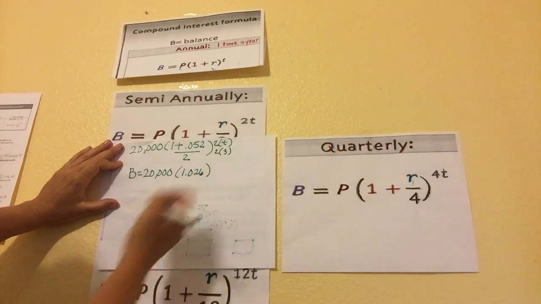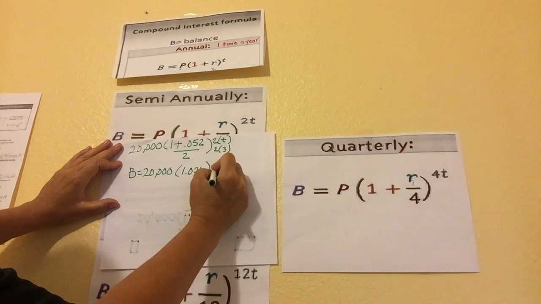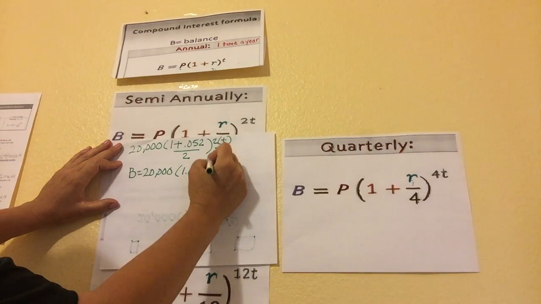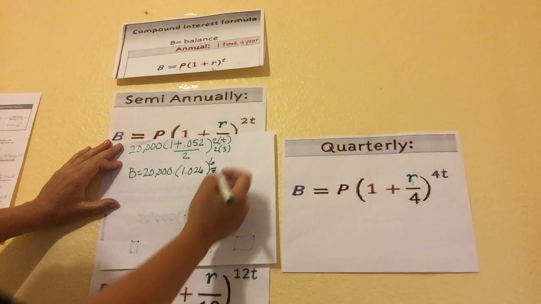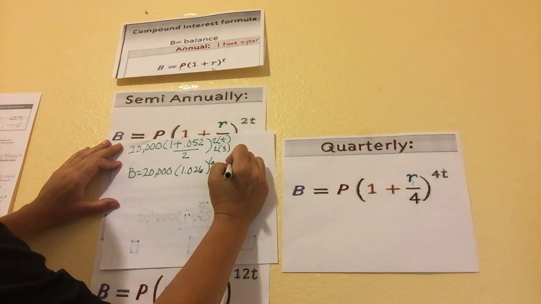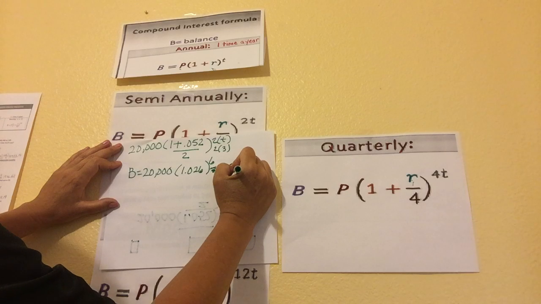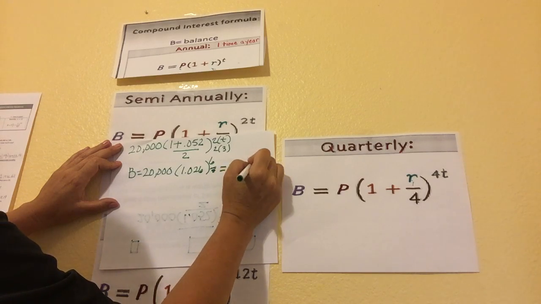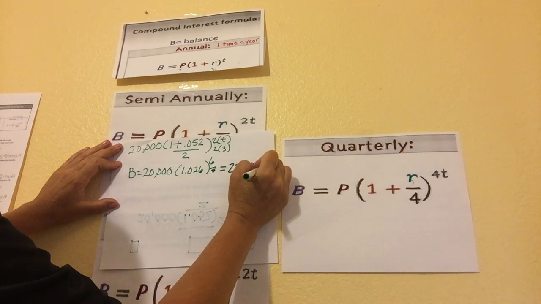So this is 2 times 3, which equals 6, okay? And then if I plug that all into my calculator, I end up with 23,329.97.